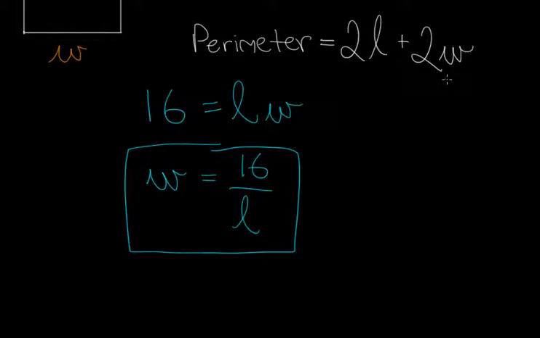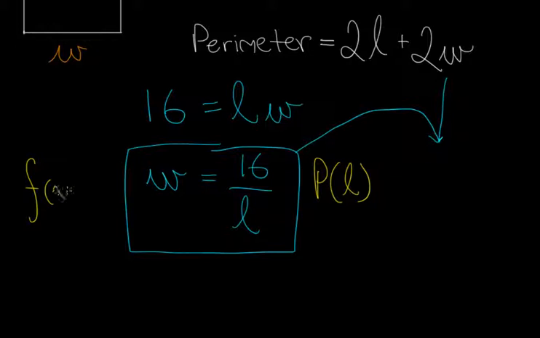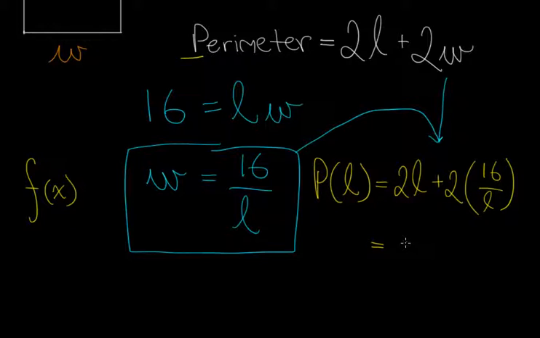So plug in W, and we get, do it in yellow, P, oops, that's an R, P of L. Think of P as like F in the function f of x, except I chose capital P because perimeter starts with P. So P of L, the perimeter in terms of length L, is equal to 2L plus 2 times W, which is equal to 16 over L, which is equal to 2L plus 16 times 2 is 32 over L. And that's it.